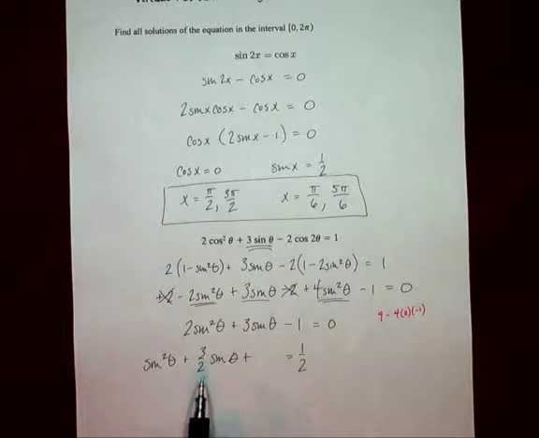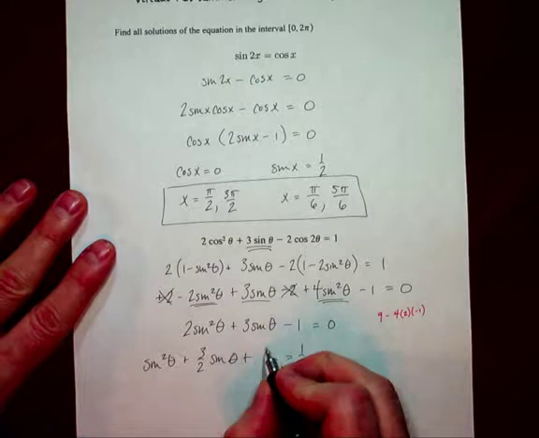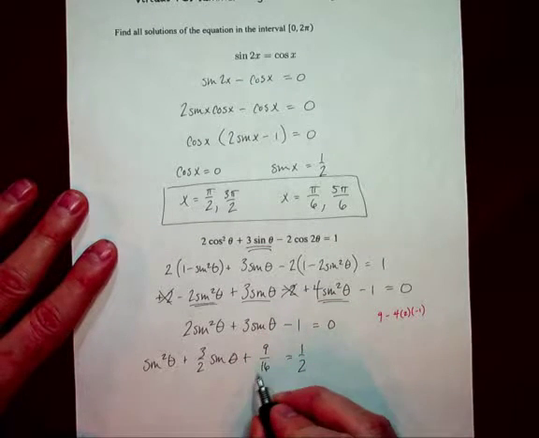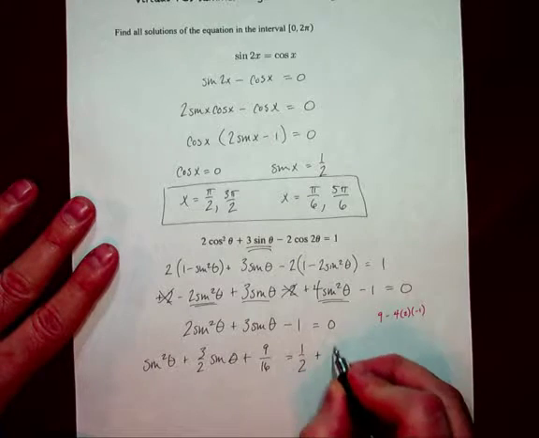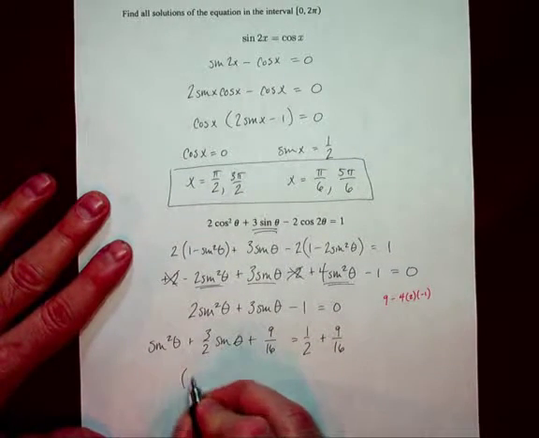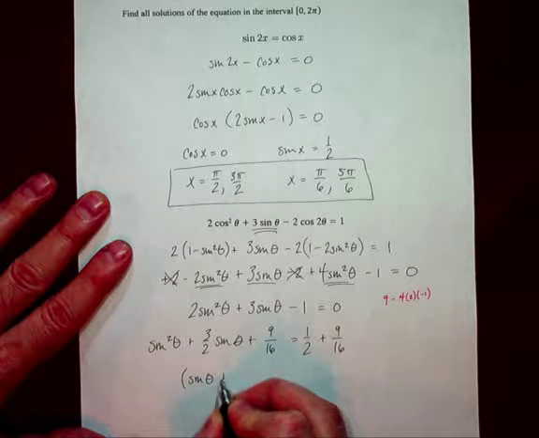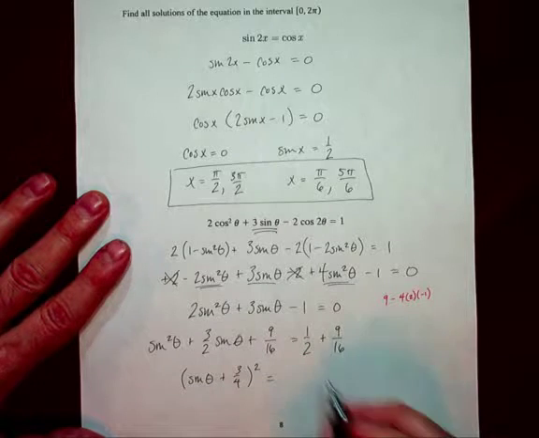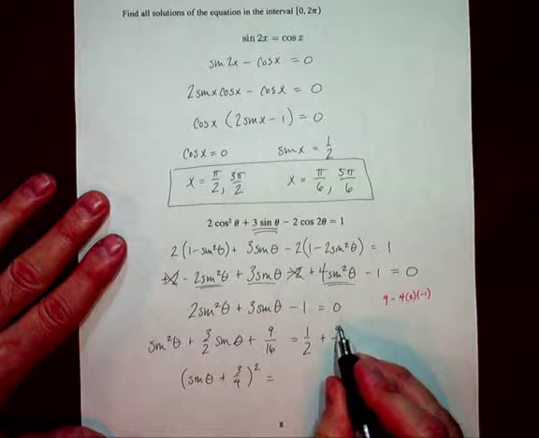And then we need to take half of that. Well, half of 3/2 is 3/4. 3/4 squared is 9/16. But if I add 9/16 to this side, I have to add 9/16 to this side. And therefore, this factors into sine theta plus 3/4 squared is equal to, well, that's 8/16, and that's 9/16.